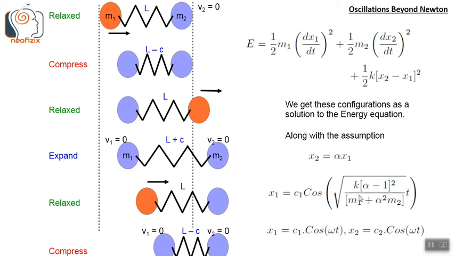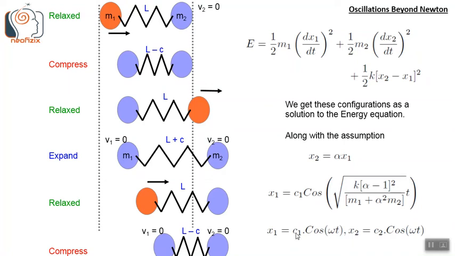So we get sinusoidal solutions from this energy equation based on this assumption x2 equals alpha x1. Even without this assumption we can get them, but in cases where there are more masses, this assumption works really well.